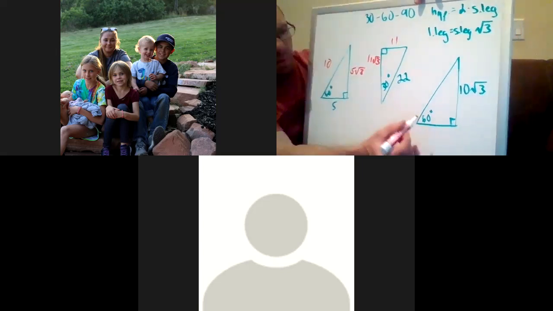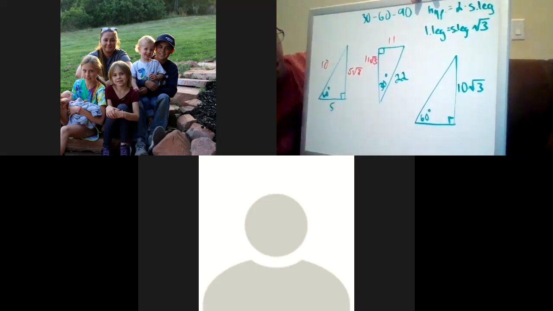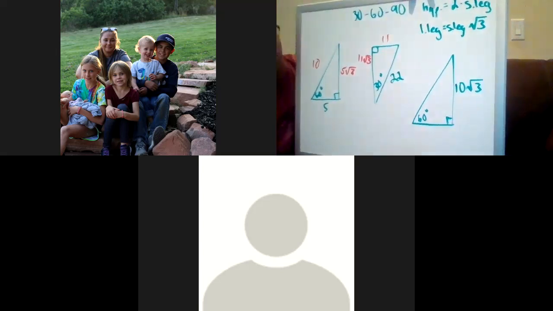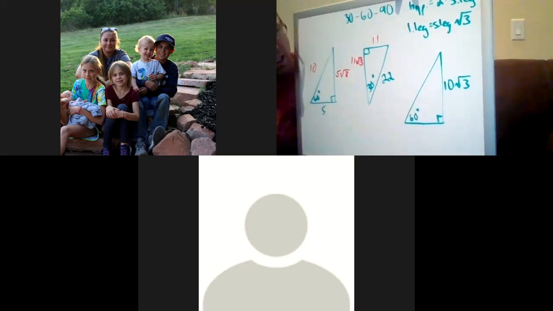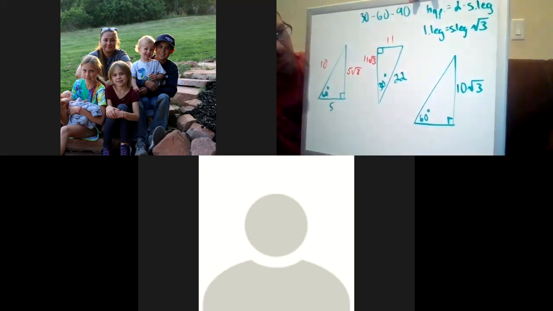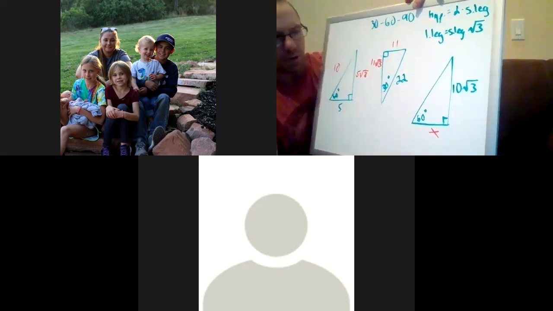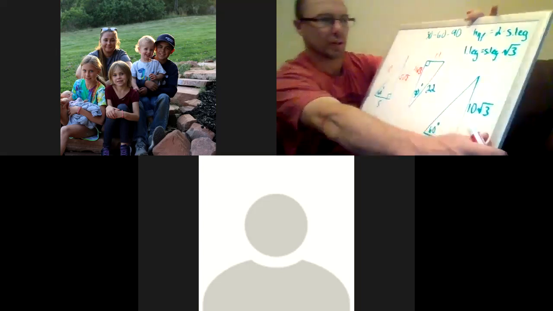My last example, I've got a 60 and 90, which means we've got 30 again, so 30, 60, 90. Which of the three sides was I given here? I was given the long leg. So that means that the long leg, 10 root 3, equals the short leg times root 3. So check it out. Let's say I call the short leg x.